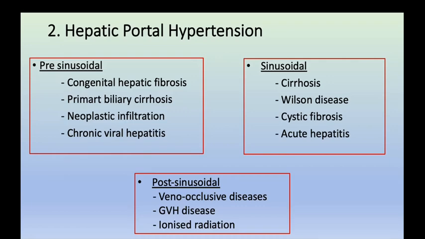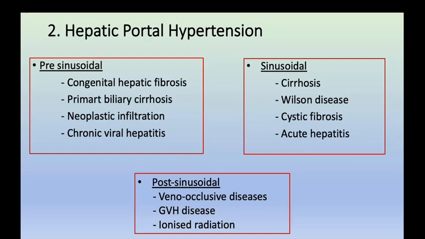When we talk about pre-sinusoidal, basically at the hepatic venule level, there can be causes like hepatic fibrosis, neoplastic infiltrations, or chronic hepatitis, which can cause hypertension in the pre-sinusoid, causing hepatic portal hypertension. Or there can be sinusoidal issues like Wilson's disease, all the causes of cirrhosis in children, acute hepatitis, and cystic fibrosis.